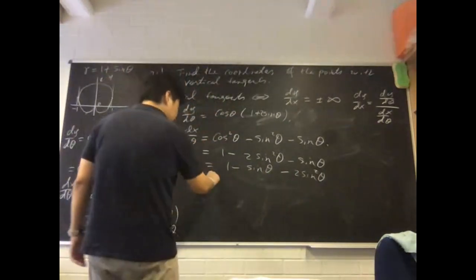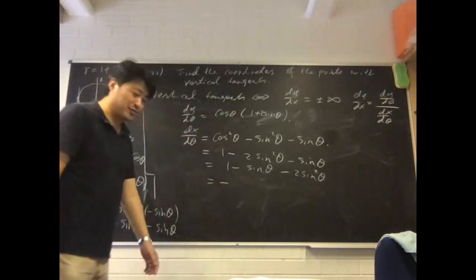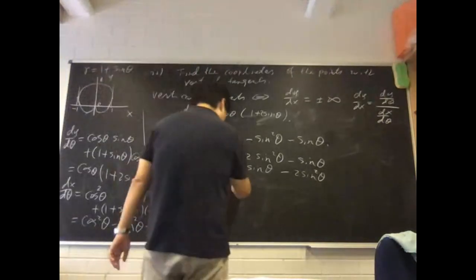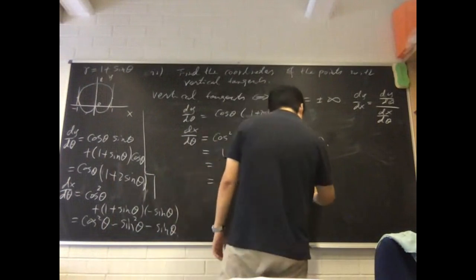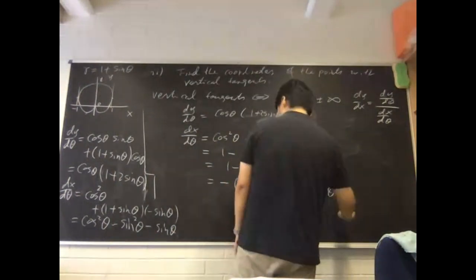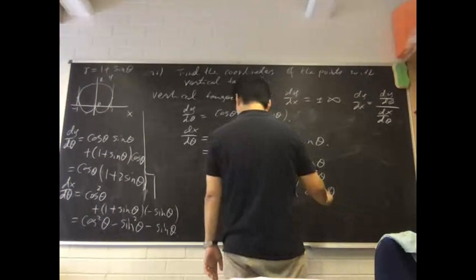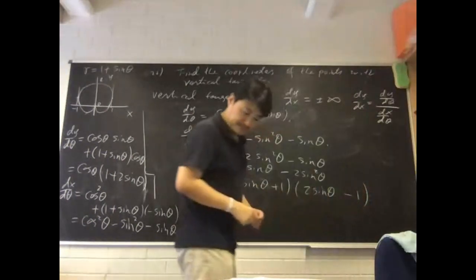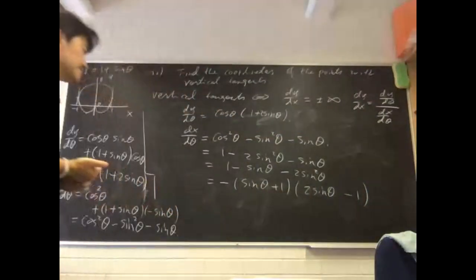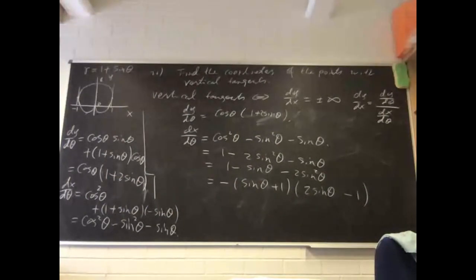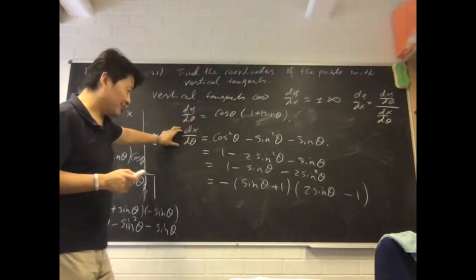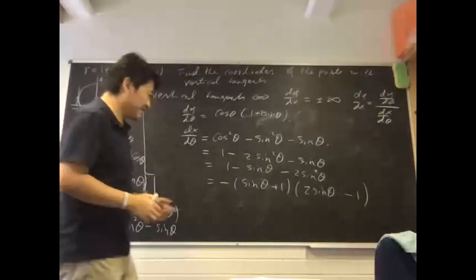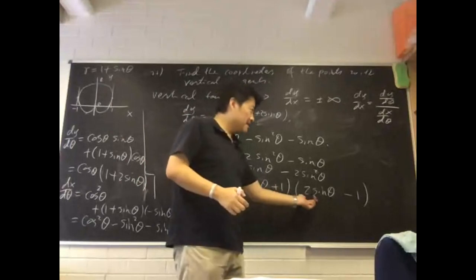I can factor things now. This can be factored in the following way: negative (sine theta plus 1) times (2 sine theta minus 1). Okay, so to examine where dx d theta is 0, it's enough to examine where this is 0 and where that is 0.